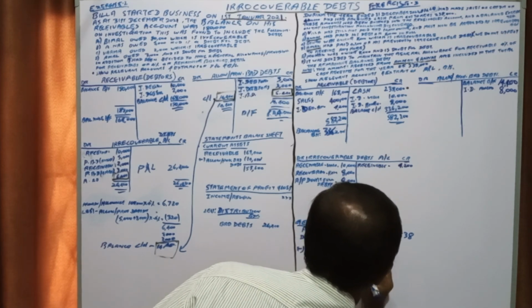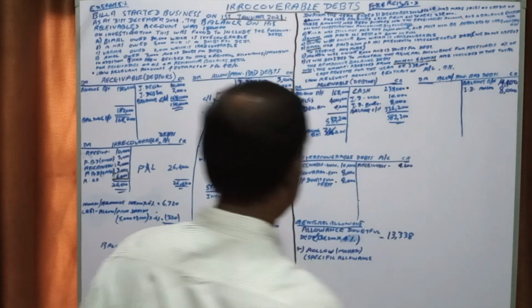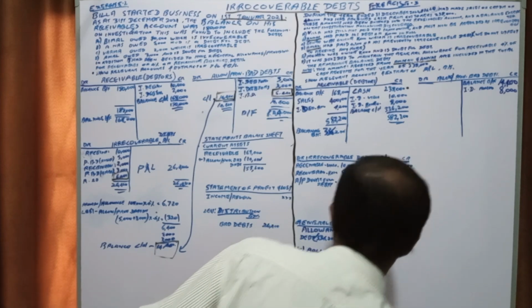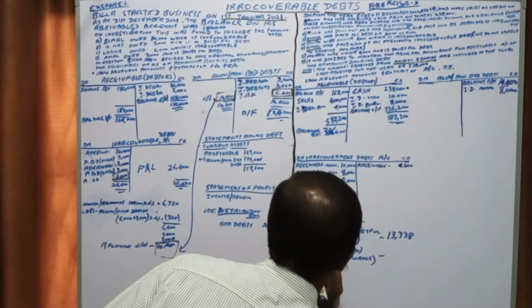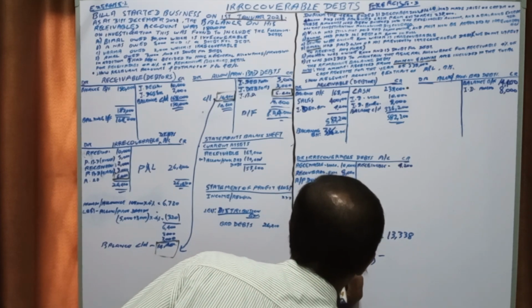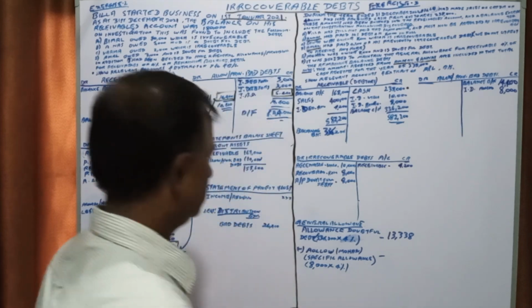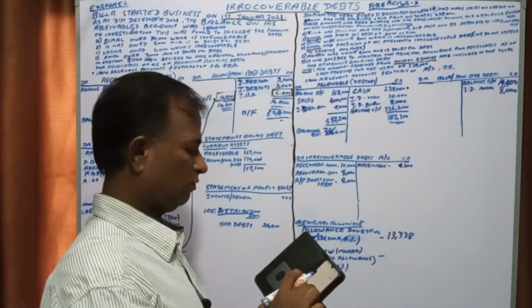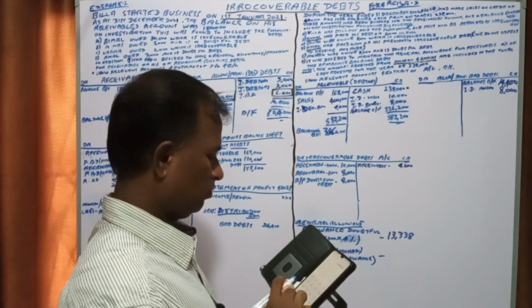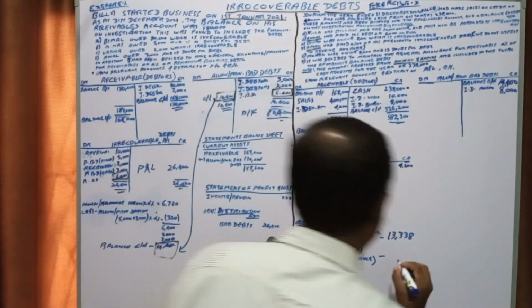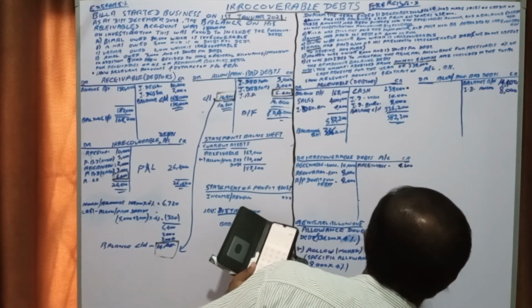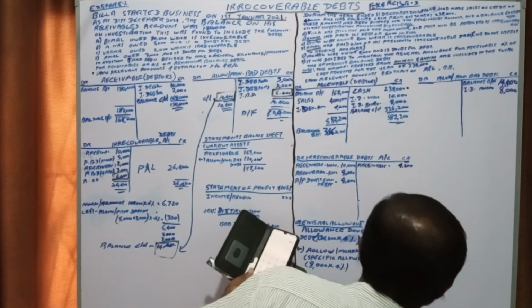Specific allowance, Mohan one is 8,000 into 4 percentage. 8,000 to 4 percentage, that is 320. We have to remove 320.